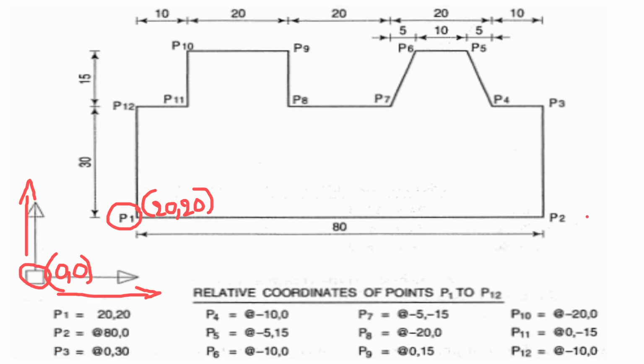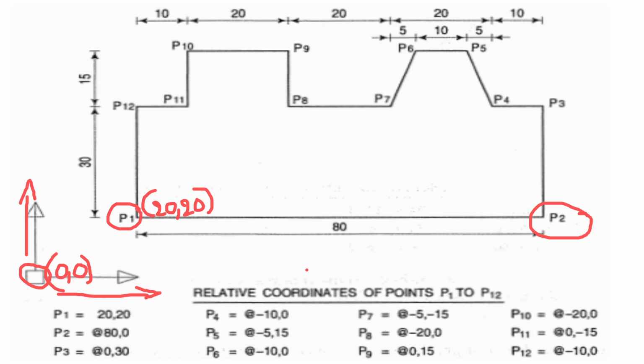In the last session we saw the absolute coordinate method, where P2 was considered with respect to the origin, that is 0, comma 0. Once again, I will repeat: in the absolute coordinate method, P2 was considered with respect to the origin.